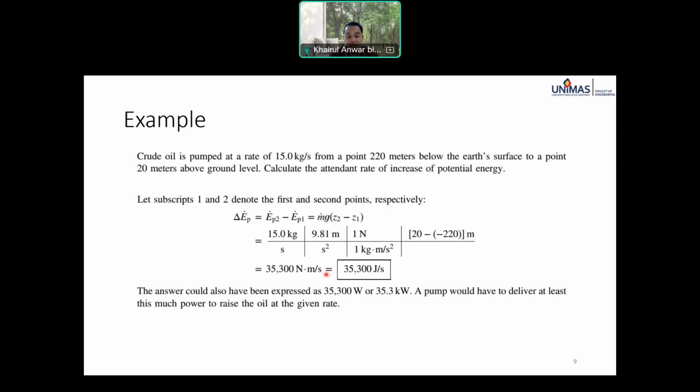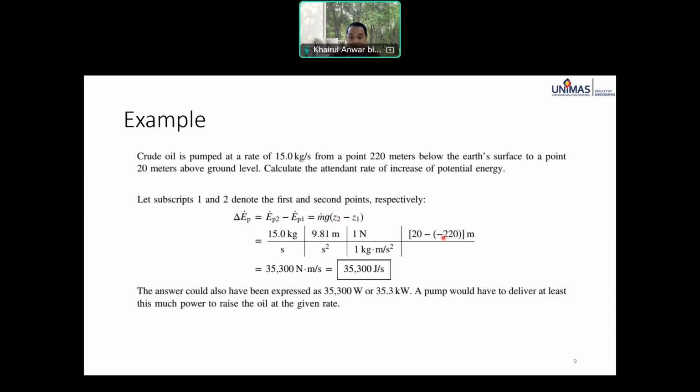So in this case, the reference point is 220 meter below the Earth's surface to a point 20 meter. So 20 meter refers to the second point, Z2.